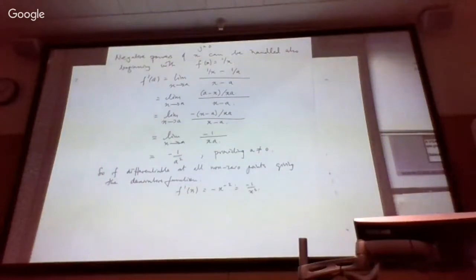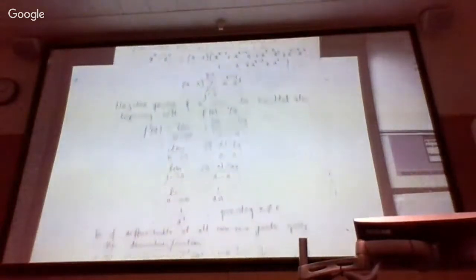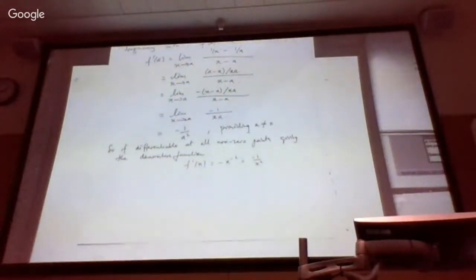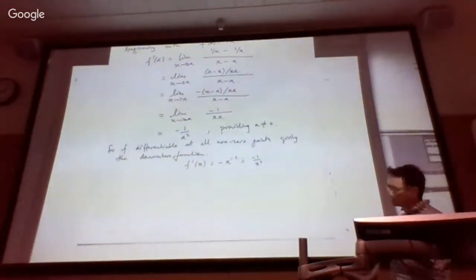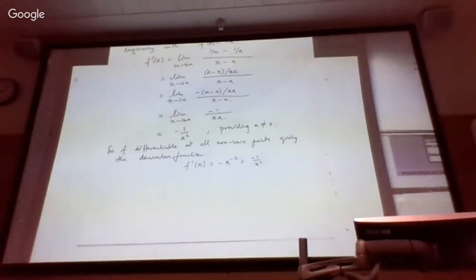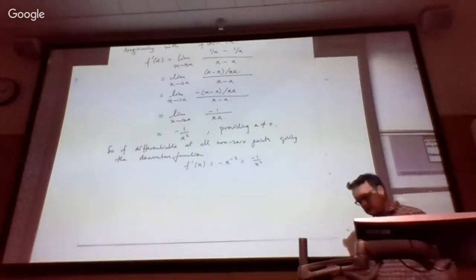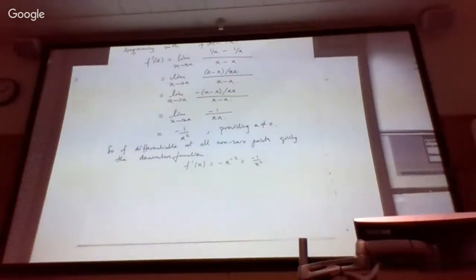And all higher negative powers could be handled in a similar way, together with this factorization formula. And there are some associated tutorial questions based on that.